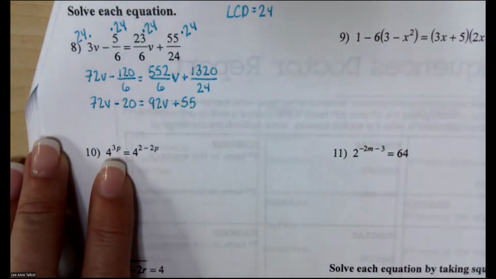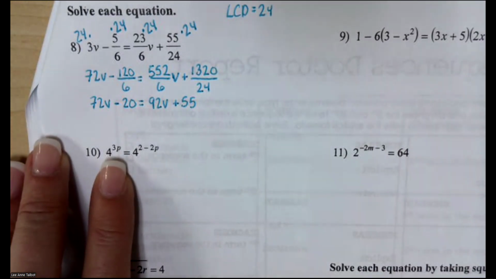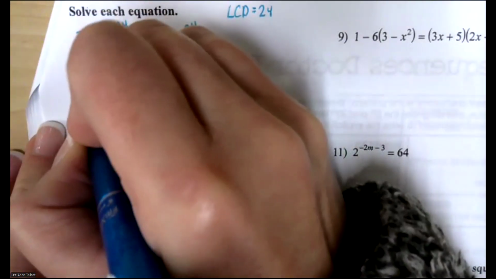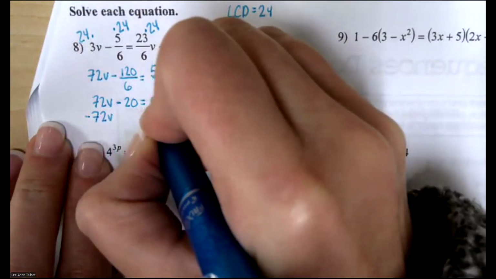Okay, what do we want to undo first? Yeah, 72V is always the lowest one with the letter on it. It's always my favorite.